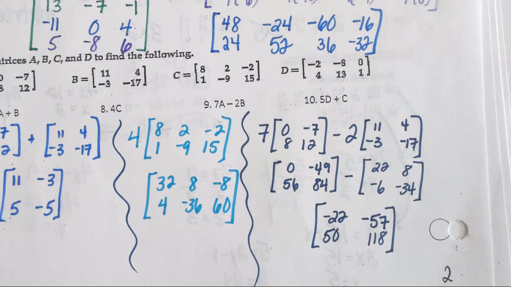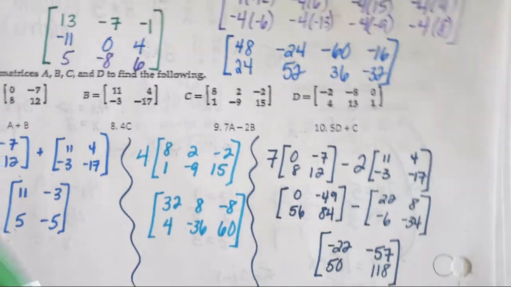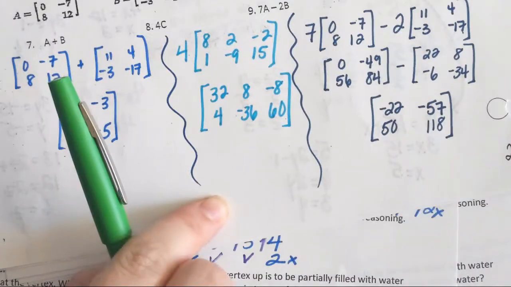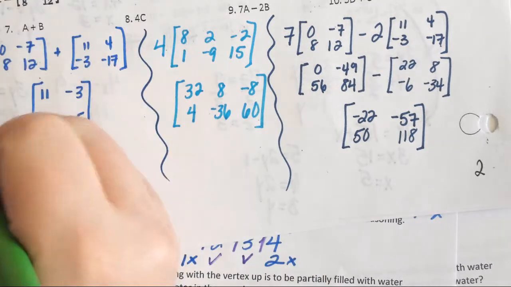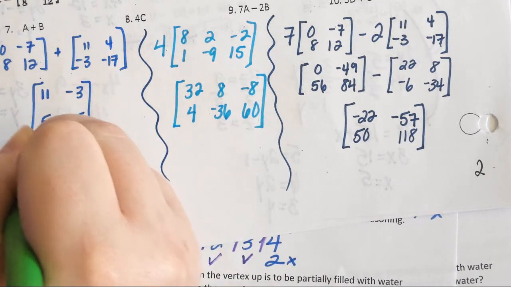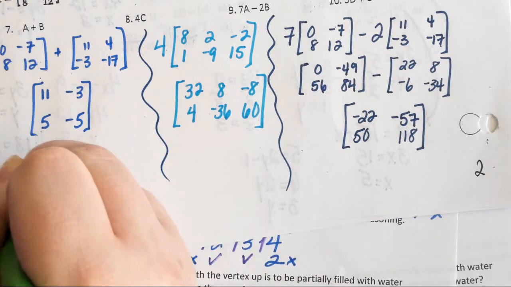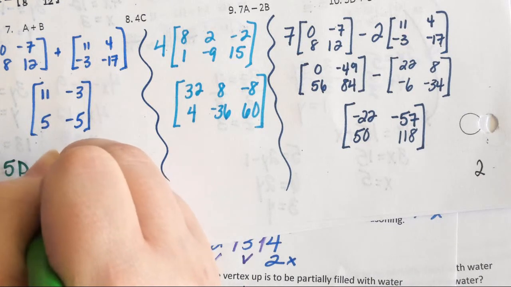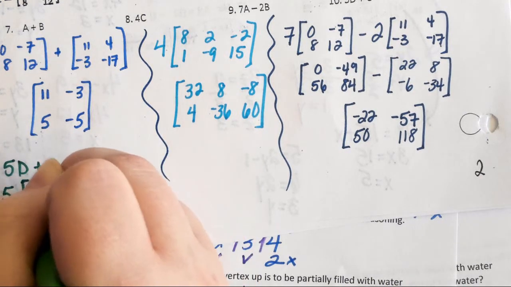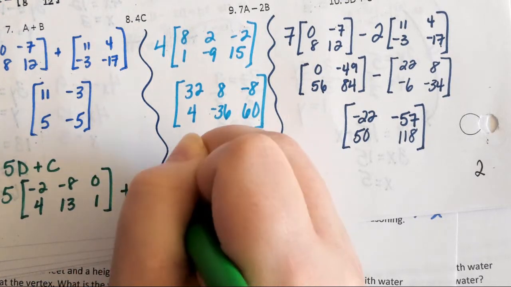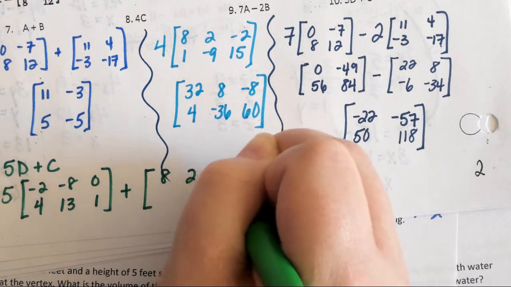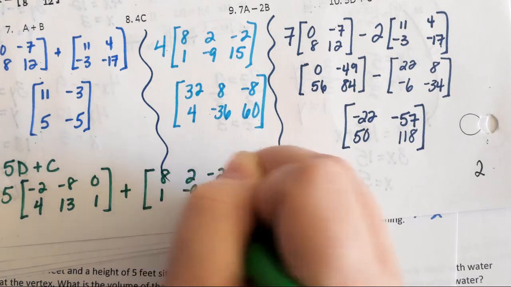And I'm out of room to put 10 up there, so I'm going to have to do 10 down here at the bottom. Okay, so number 10 is supposed to be 5D plus C. Well, D is negative 2, negative 8, 0, 4, 13, 1, plus C. C is 8, 2, negative 2, 1, negative 9, 15.